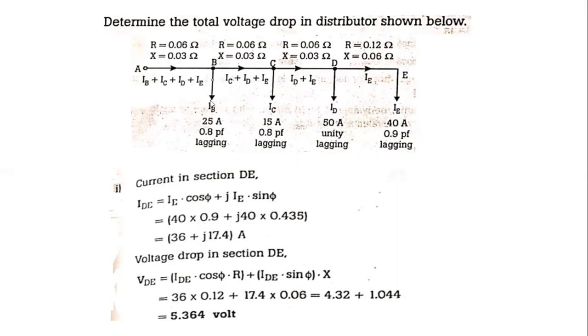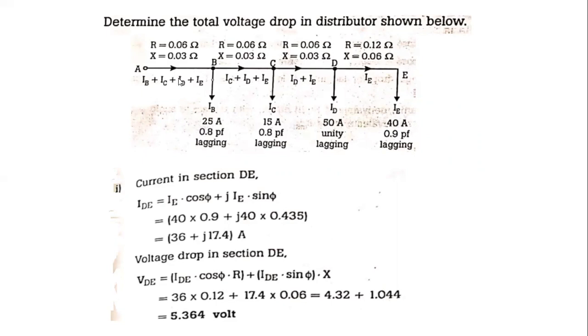At each loading point there are loads tapped: at point B current IB is tapped, at C current IC, at D current ID, and at E current IE. The load values are 25 amperes at 0.8 power factor lagging, 15 amperes at 0.8 power factor lagging, 50 amperes at unity power factor, and 40 amperes at 0.9 power factor lagging.